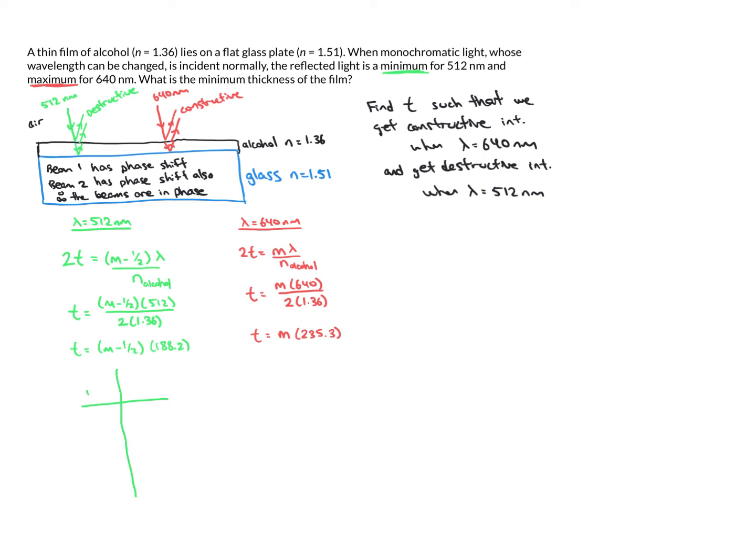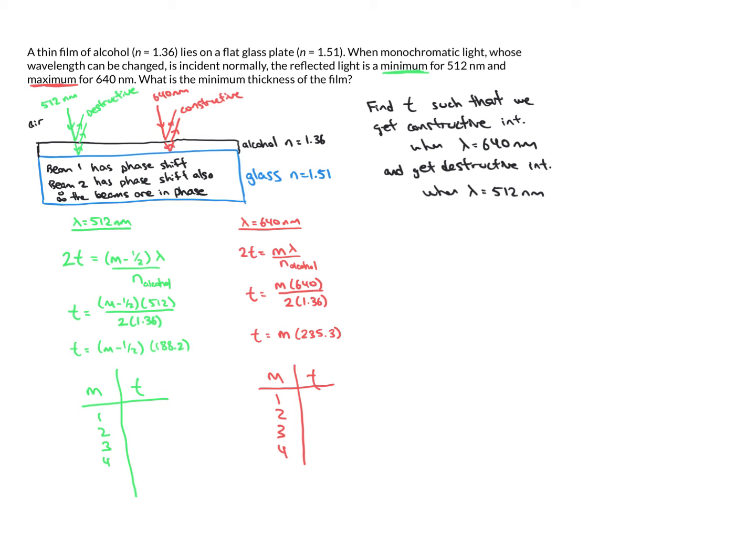I'm going to have various values of m and use the formula above to figure out what thickness it would be. Do the same thing with the red. Use various values of m and figure out what the thickness will be until I can find a common thickness amongst both tables.